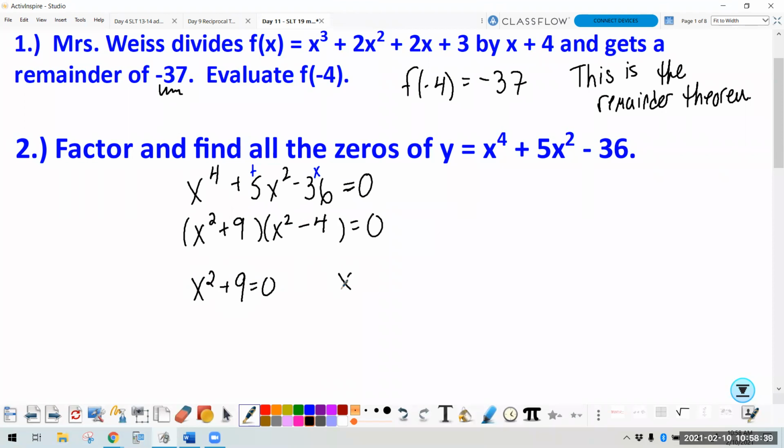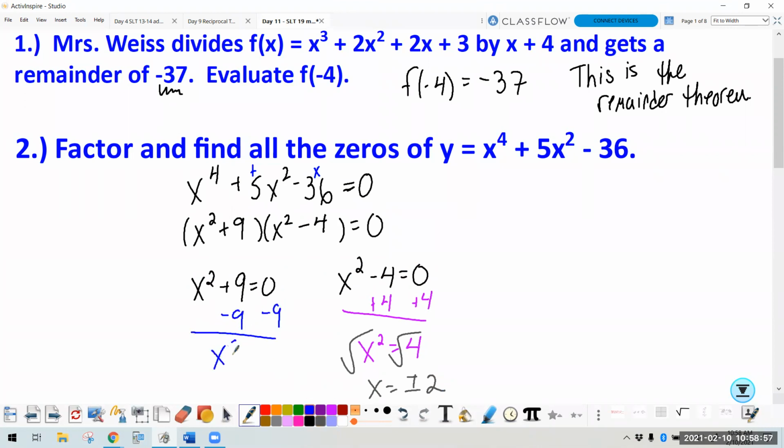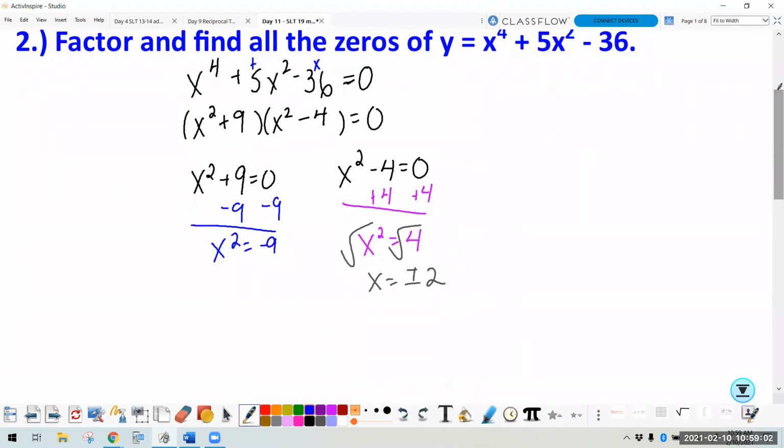You could factor this difference of squares more, but since we're solving, I'd rather use the square root method. So we get x squared is 4, x is plus or minus 2. X squared is -9, x is plus or minus 3i.